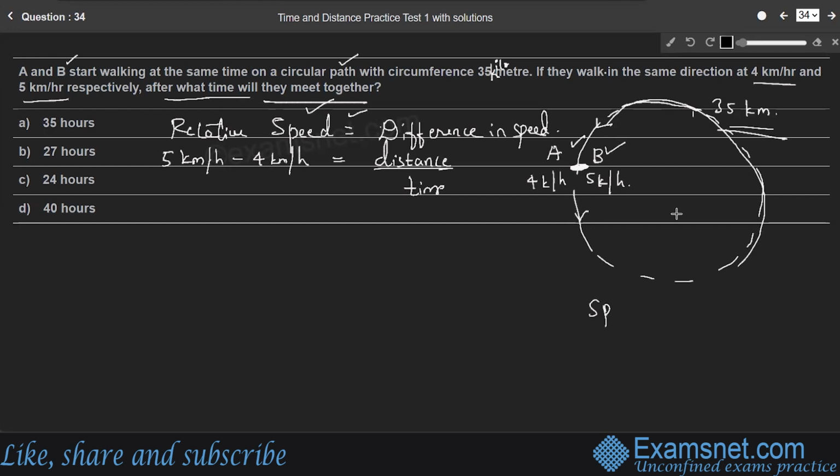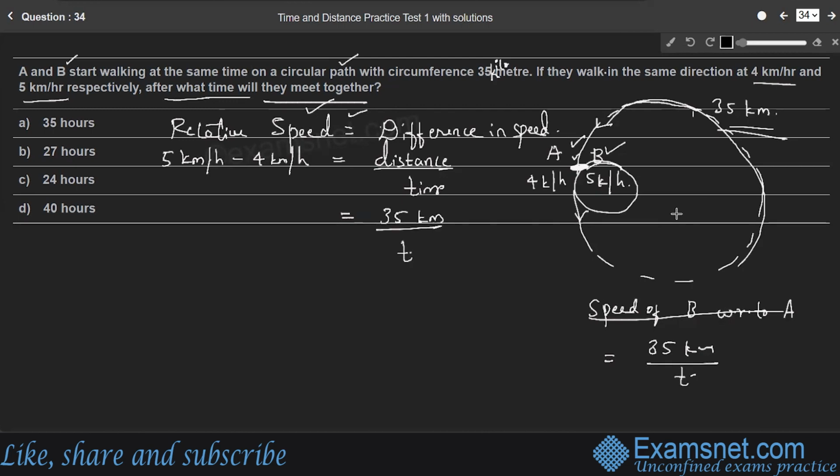The speed of B, which has the highest speed, with respect to A: in order to cover one round, B has to travel 35 kilometer distance in T time. Therefore, the speed of B with respect to A is 35 kilometer by the time taken by it.